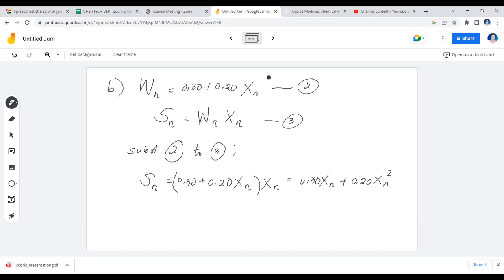So that would be now our working equation of determining the solute content for a particular slurry leaving a thickener. So we can have this as equation 4. Okay? Please do take note of the equations. The second was substituted into the third to give you this one.